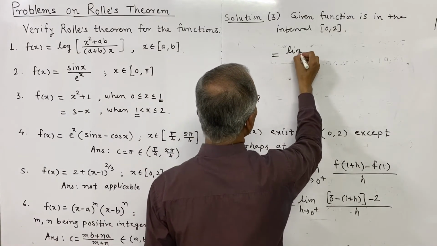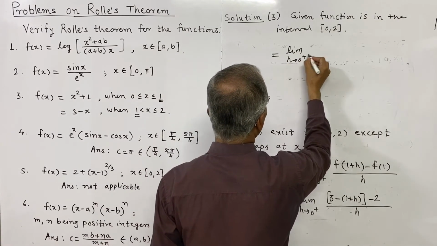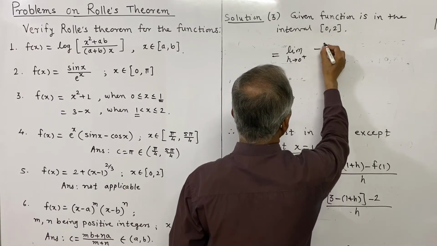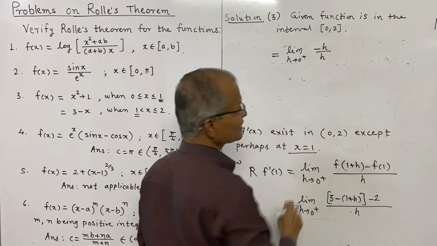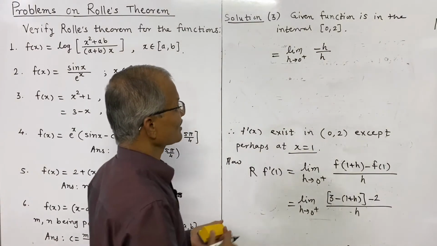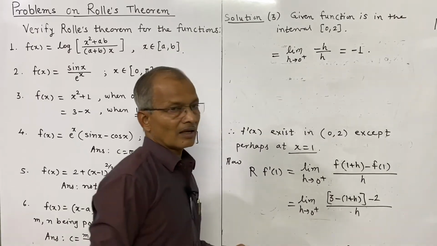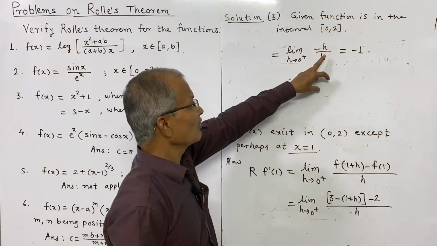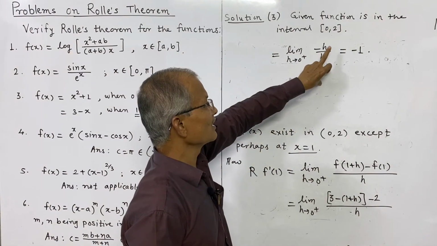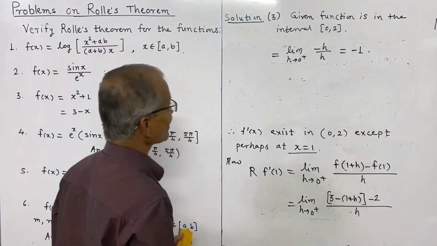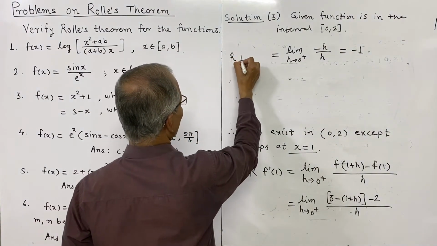Limit h tends to 0 from right of minus h divided by h. The h cancels, and it remains the limit of minus 1, the limit of a constant is the constant. So that is minus 1, the right hand derivative of f at 1.